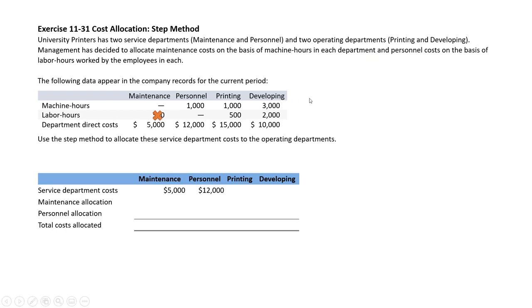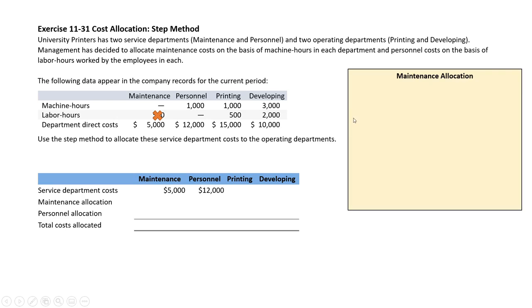So maintenance is going to be our starting point. Then we are going to ignore the efforts that personnel provides to maintenance. So I'm going to take my maintenance cost of 5,000 and, again, not only allocate it to printing and developing, but also make a partial allocation to personnel. I'm going to start with how much is allocated to personnel.